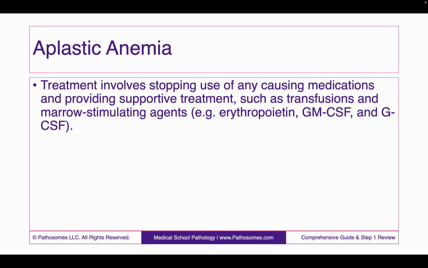Treatment of aplastic anemia involves stopping use of any causative medications and providing supportive treatment, whether that's transfusions or marrow-stimulating agents such as erythropoietin or GM-CSF or G-CSF, what are those called? Filgrastim, pegfilgrastim, things like that to get the marrow producing.